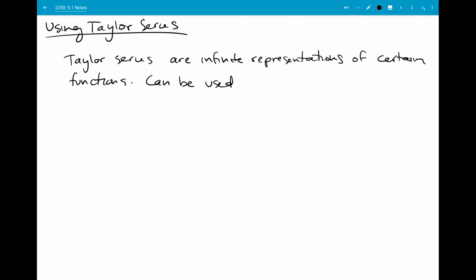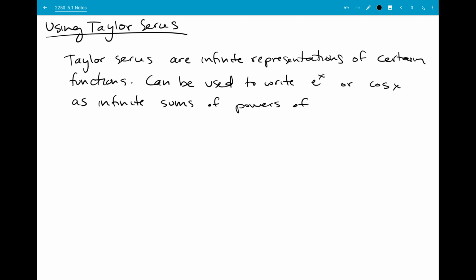And so you would have learned that you can use them to write things like e to the x or cosine x as infinite sums of powers of x. So for example, e to the x would have been something like 1 plus x over 1 factorial plus x squared over 2 factorial, so on and so forth.